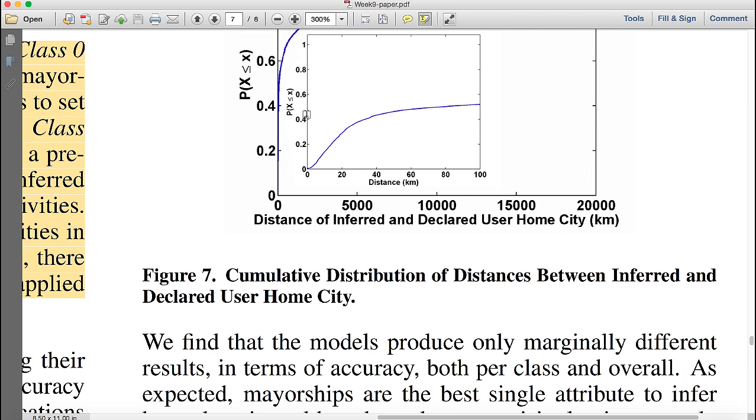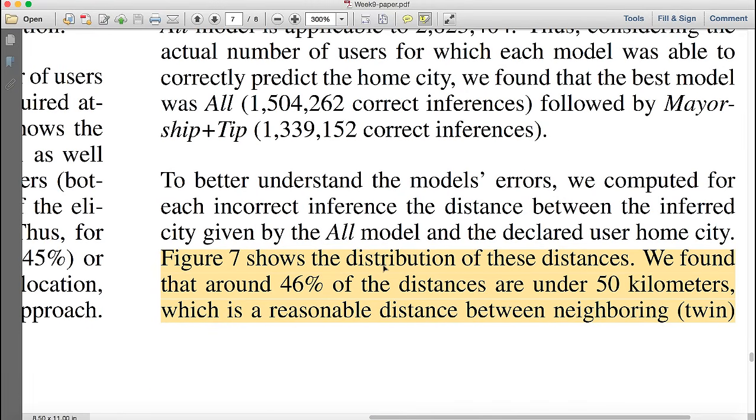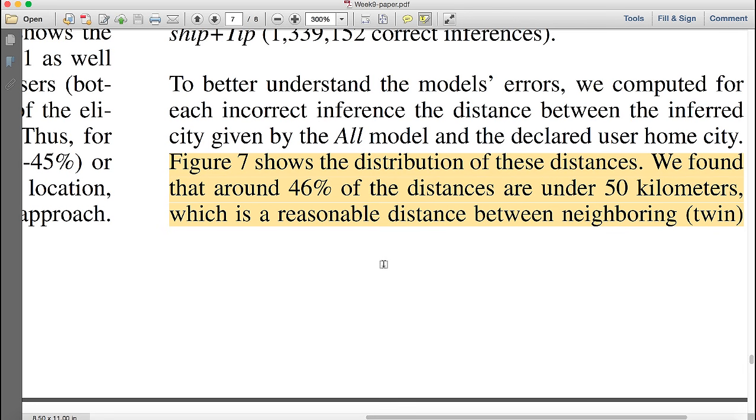So 46% of the users have an error between the inferred home location and the actual location of about 50 kilometers. That's pretty small. If I'm able to use this information with only 50 kilometers of error, just from the general behavior of tips and dones, that's quite effective.